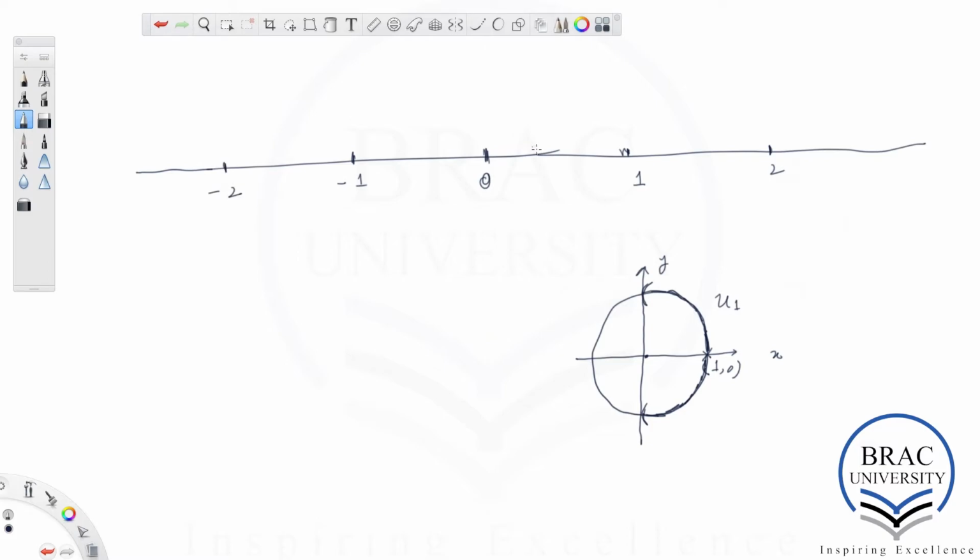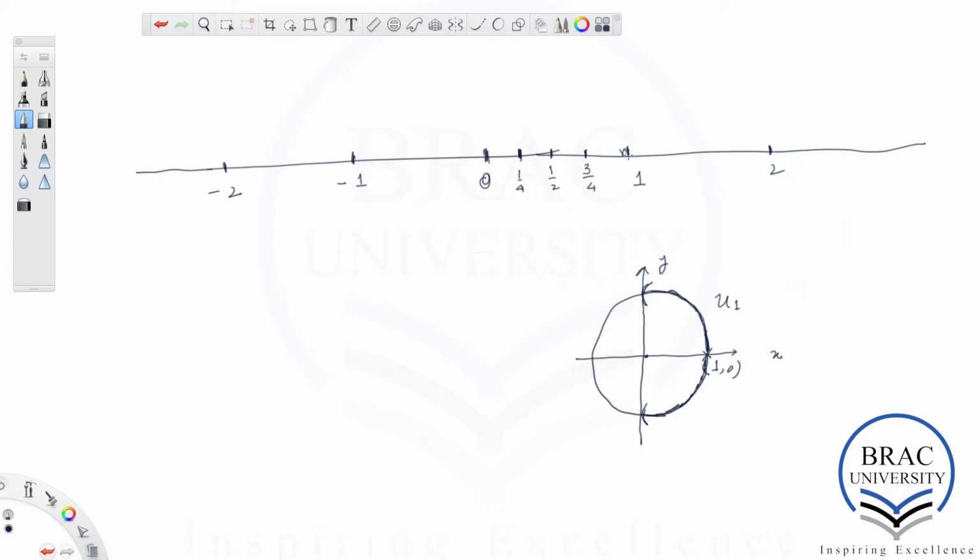Okay, so this is 1 quarter, this is 1/2, this is 3 quarter, and this is 1.